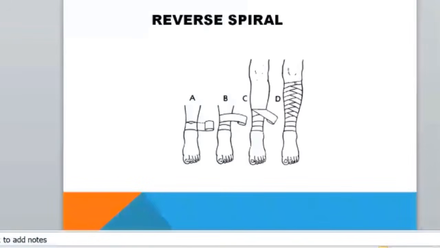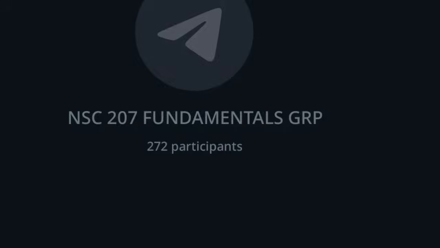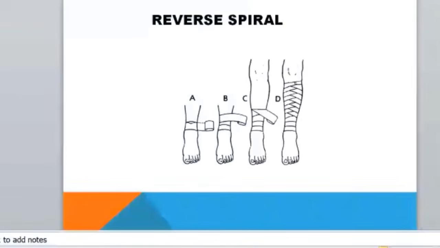Can everybody see that? So let's take a look at this. You can see in turn A, B, C, D, it is a reverse spiral technique. Please read more about it.